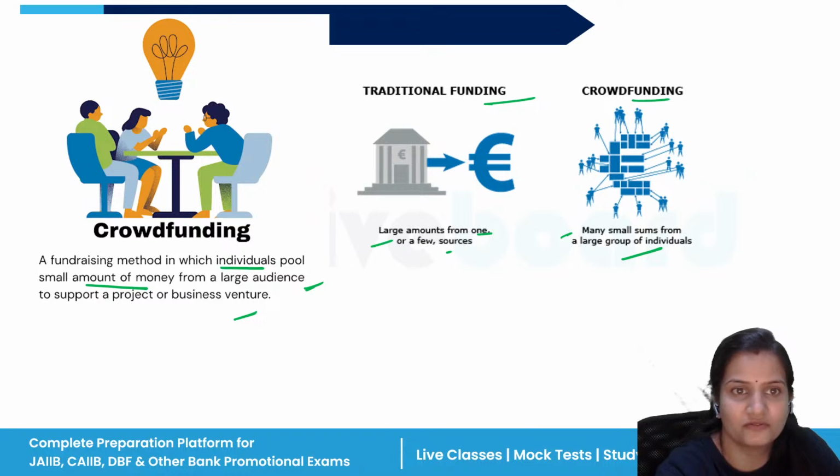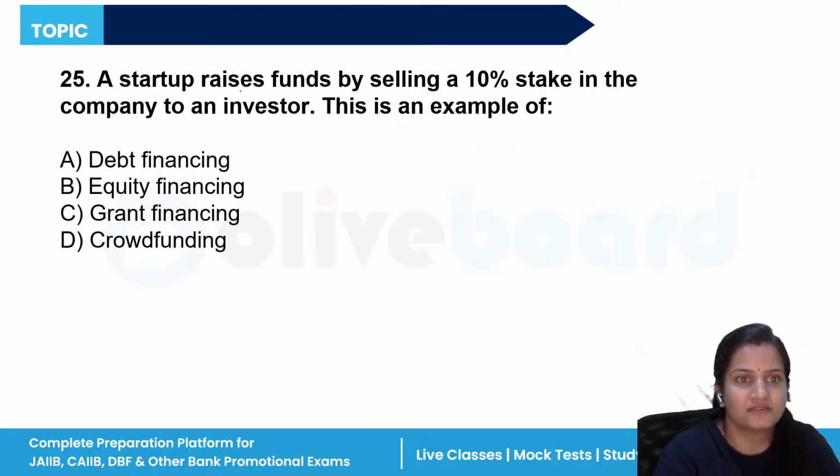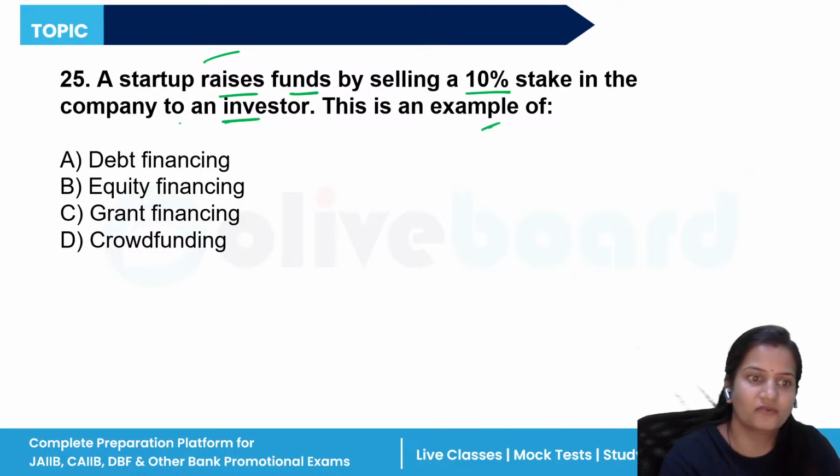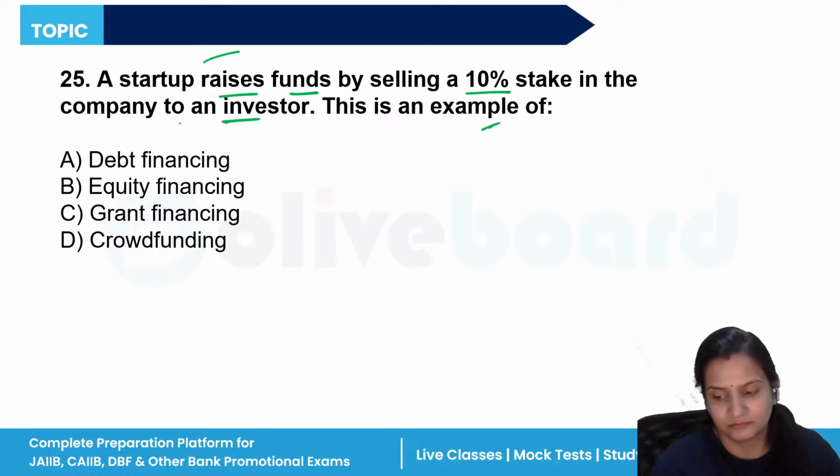Yes. Let's move to the next question. A startup raises funds by selling a 10% stake in the company to an investor. If a startup raises funds by selling its stake, its shares, to an investor, this is an example of what type of financing?